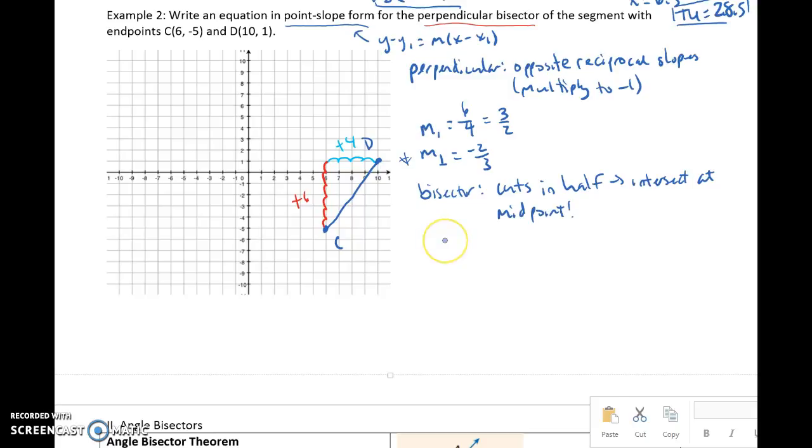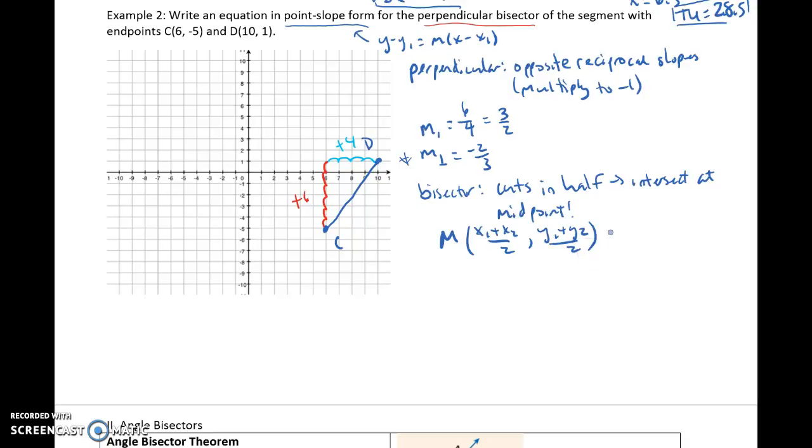I'm going to call this point capital M for midpoint. Remember that formula is x1 plus x2 over 2, y1 plus y2 over 2. So we're going to go ahead and plug that in with your coordinates. 6 plus 10 divided by 2, -5 plus 1 divided by 2 is going to give me 8 and -2.